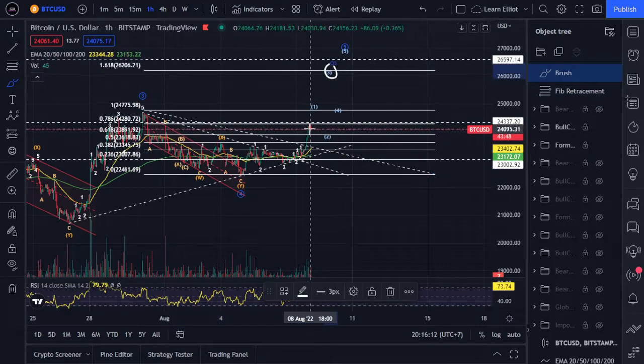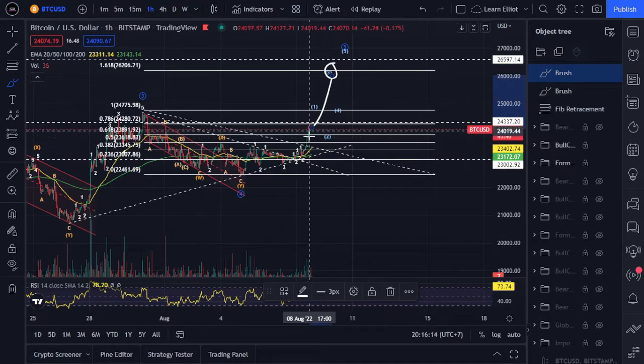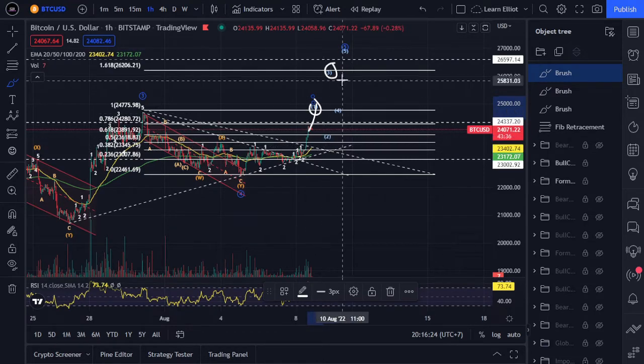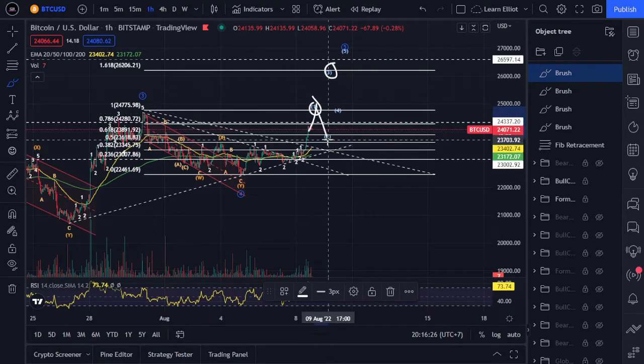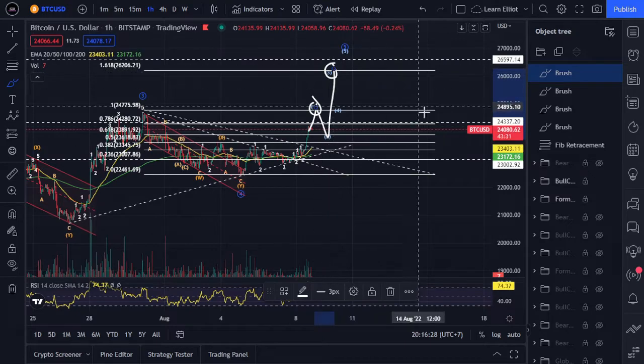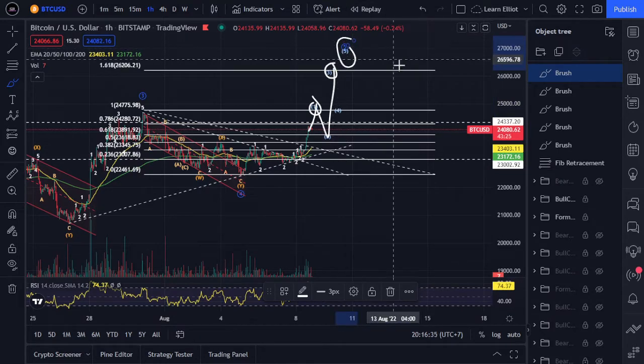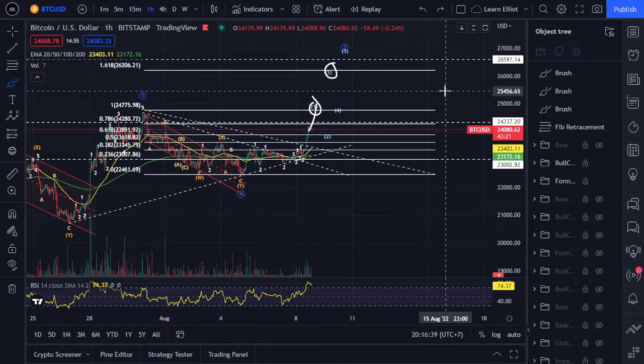So if the price is able to move down here, maybe a first impulse around here, to make the market even more likely, confident enough to move higher, and then we have a correction here, and then it's more likely to reach this fifth wave, or to complete this fifth wave after breaking above 25k.